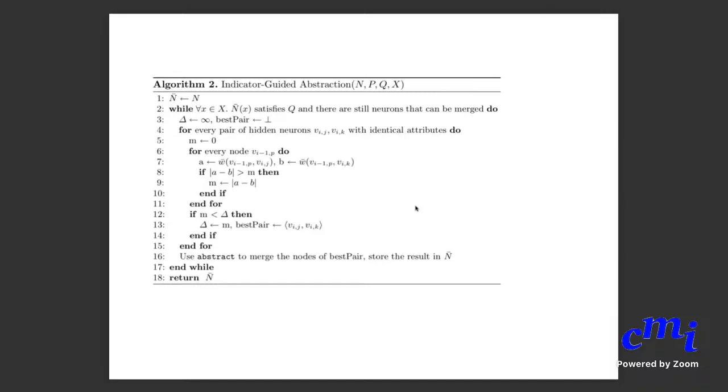So each time after it has merged, it checks if the property is violated, and it merges only as many pairs of nodes in each layer until the property gets violated. Okay, because there's no point in merging after that, because you would get a spurious counterexample anyway if you had merged any further, and that is the approach that it uses.